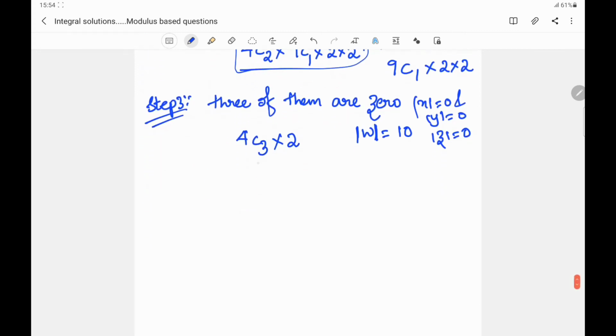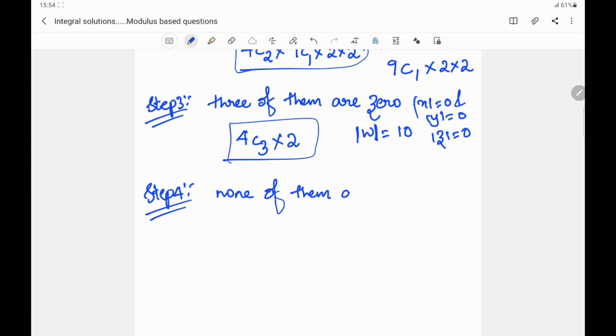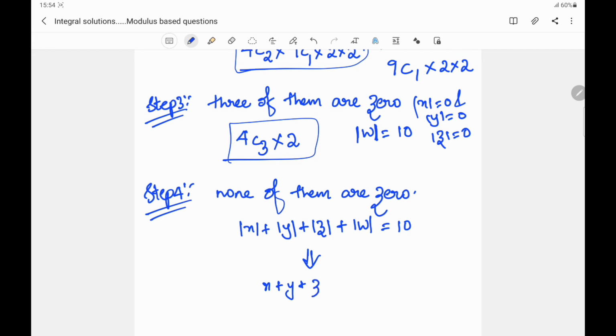Now in step 4, where none of them are 0, here it is modulus of x plus modulus of y plus modulus of z plus modulus of w equals 10. This will be converted to x plus y plus z plus w equals 10.